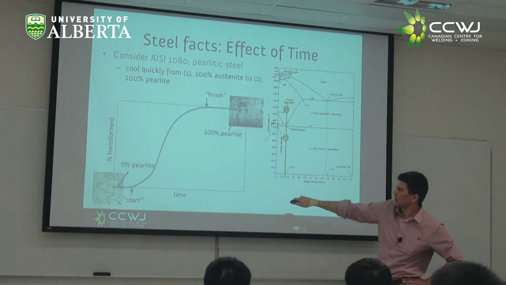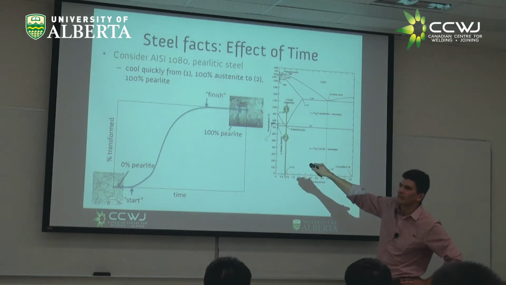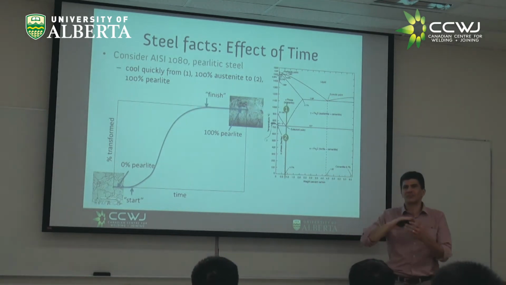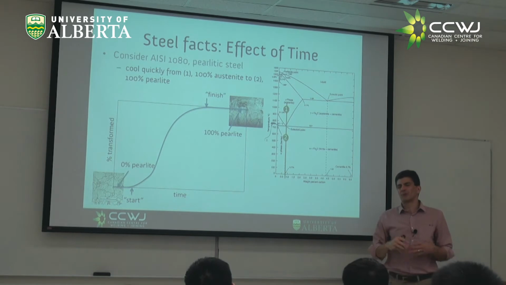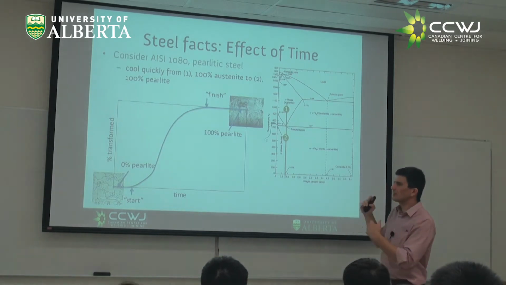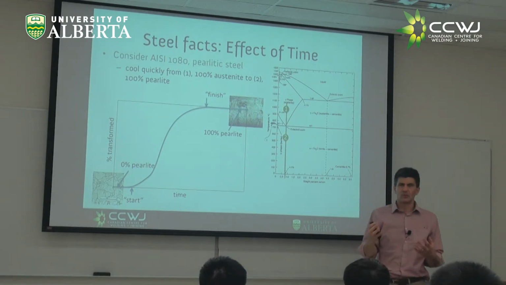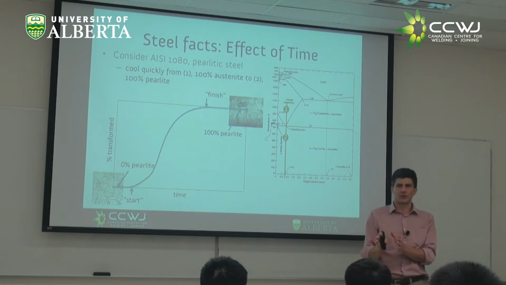But say like 1%. And then it transforms, and let's say it finishes. And again, it never finishes because it's asymptotic. But let's say when you reach 95, 99%, some kind of arbitrary number, we call it finish, right? So based on this thought exercise that I suggested, we can define a start and a finish of the transformation.